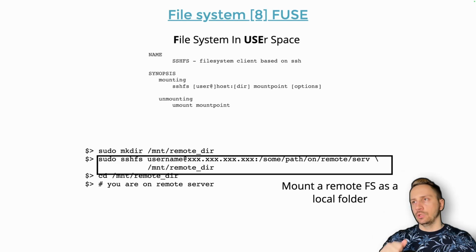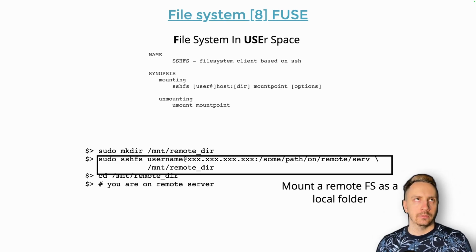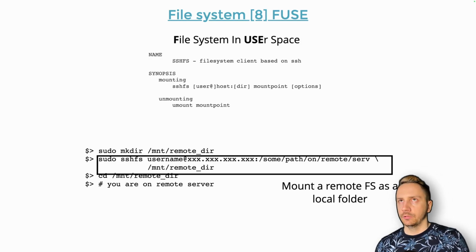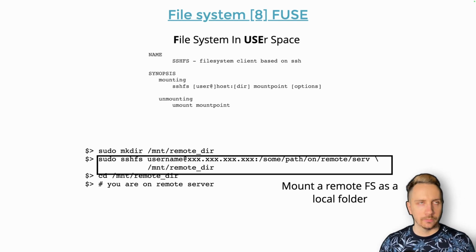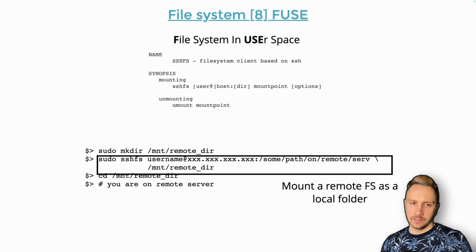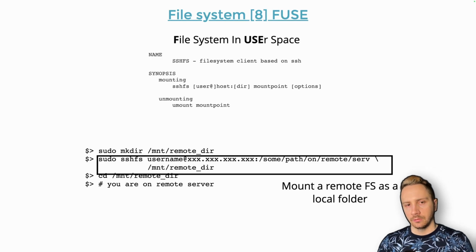For instance, you could store source code of some project on a remote server, build it there, compile, run tests remotely, but you also want to use some UI code editor like Sublime, VS Code, Visual Studio. With SSHFS, you could mount the remote folder having source code from the server to your local computer and use your editor locally.